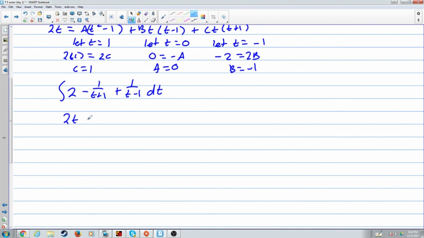That's 2t minus the natural log of the absolute value of t plus 1, and then plus the natural log of the absolute value of t minus 1 plus c. So we have 2t, and then plus the natural log of the absolute value of t minus 1 divided by t plus 1, and then plus c.